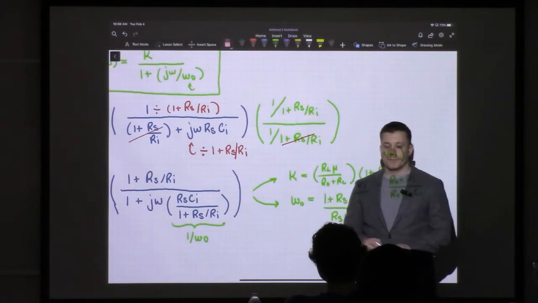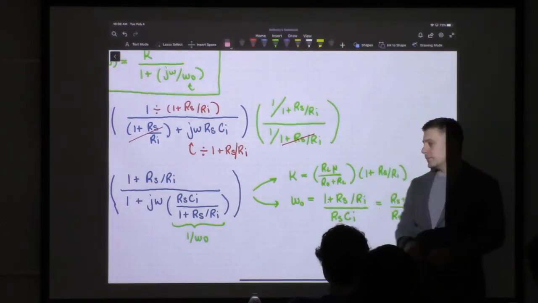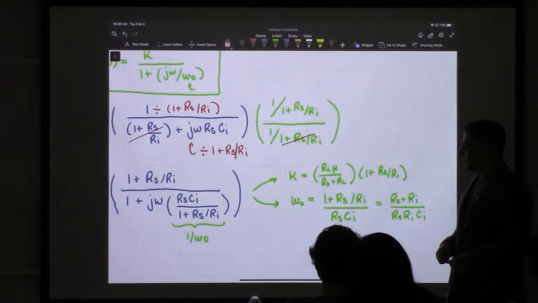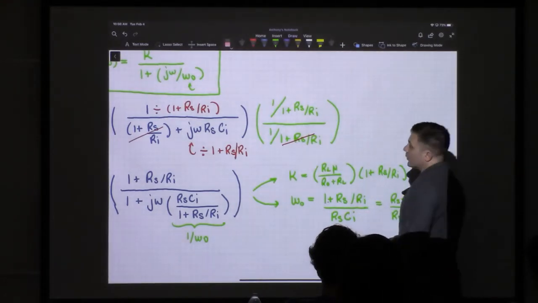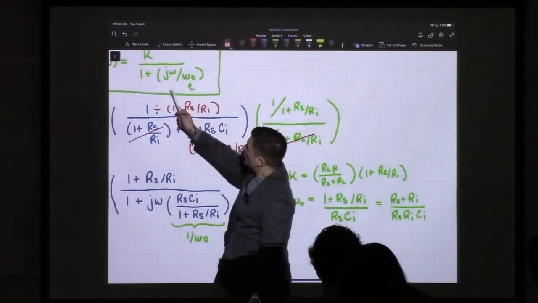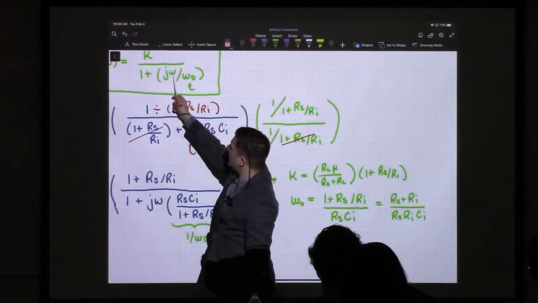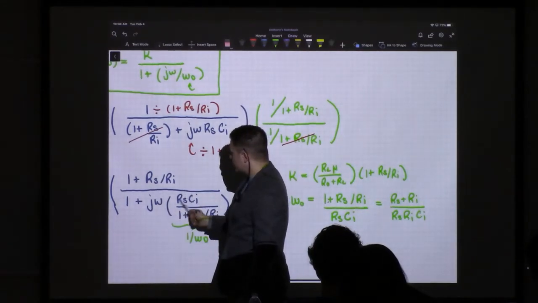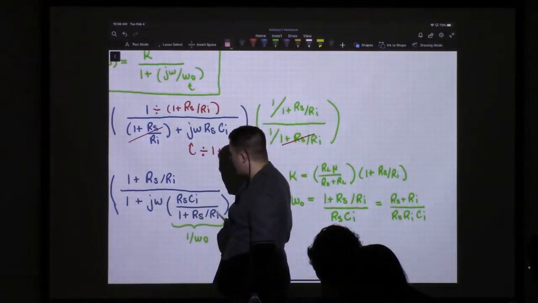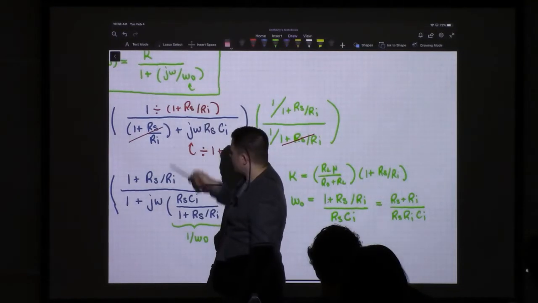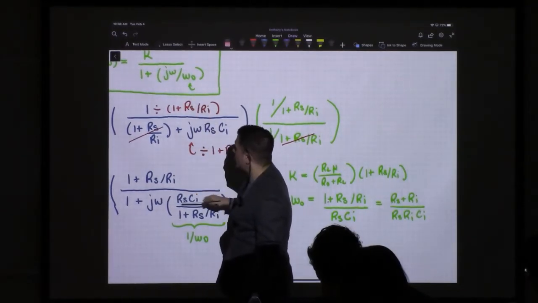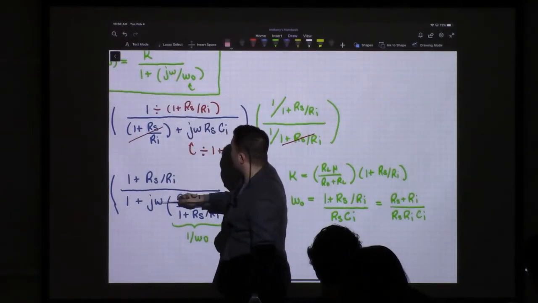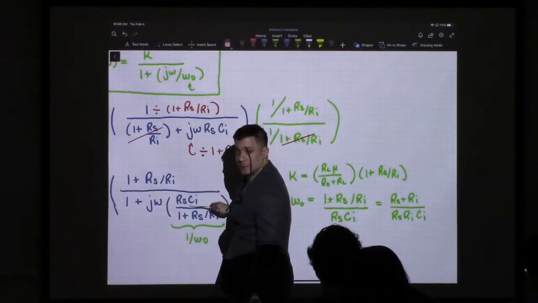Yes? So how do you know that that denominator is what 1 over omega naught is? So you have to compare it to this right here. You see the form for the low-pass filter, you have j omega over omega naught. So this whole thing, you're just comparing this to this form. It's all comparisons. 1 plus j omega over omega naught.